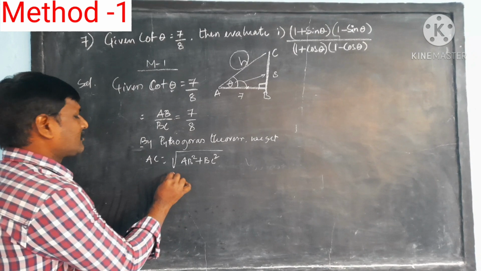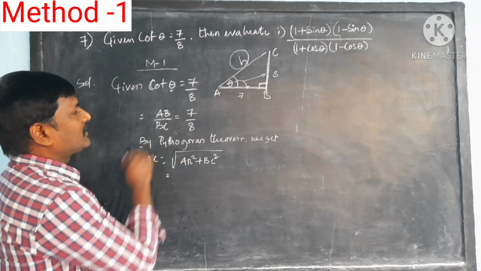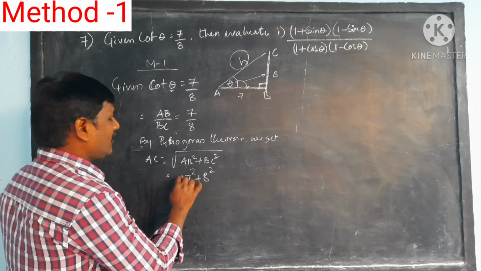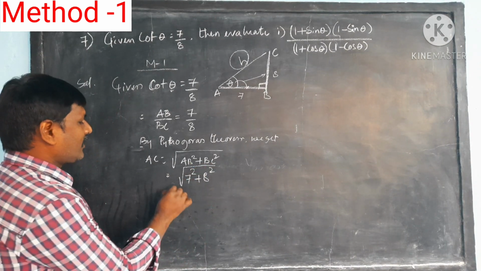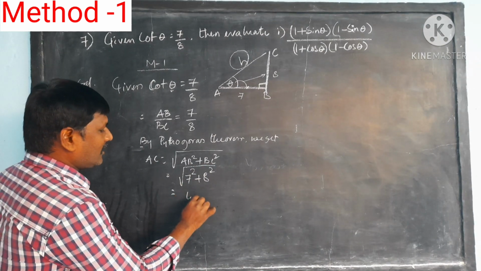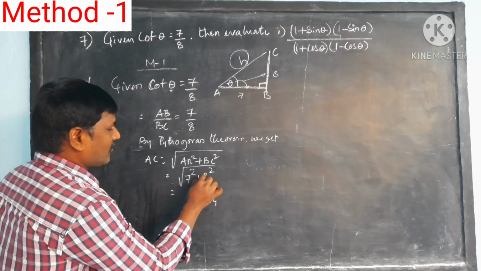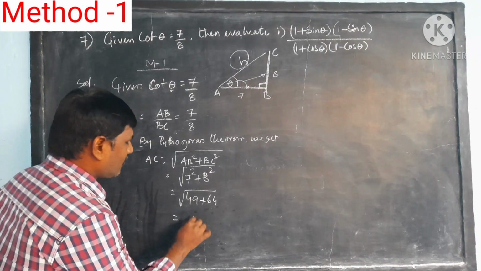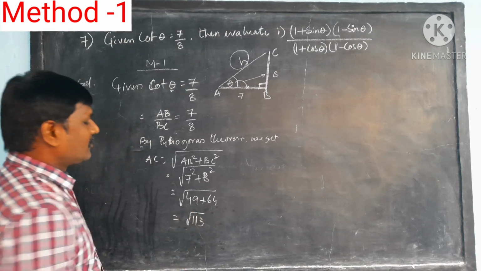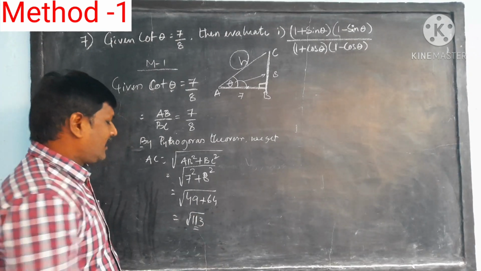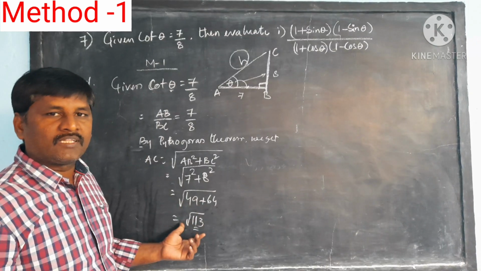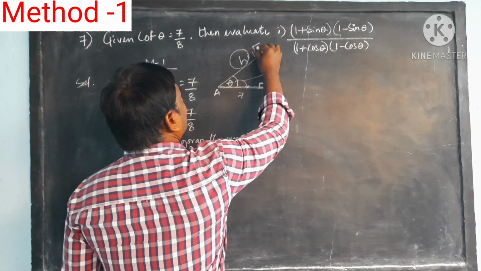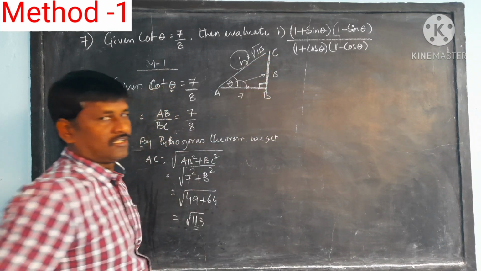Now we can substitute the values of AB and BC. We get 7 square plus 8 square under root. Now you can write it 49 plus 64 under root. The sum of these two is 113 under root. You can't find the root value of 113 because 113 is not a perfect square, so you can keep it as it is. H is equal to root 113. H is hypotenuse.